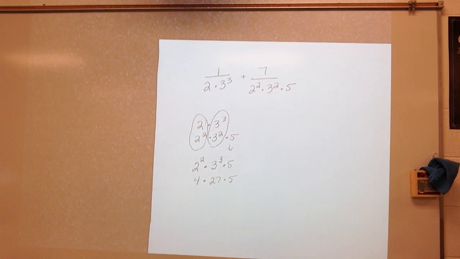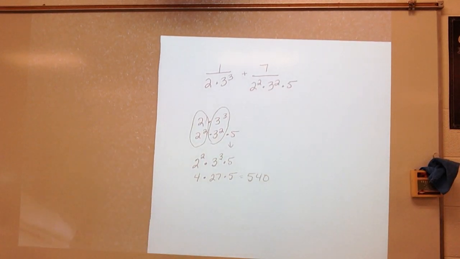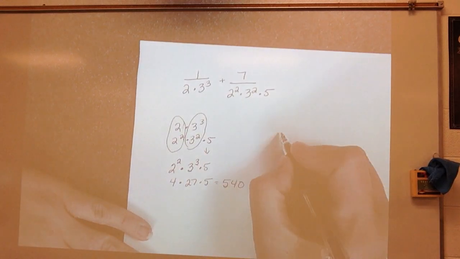Okay? So now I can figure that out. And if I figure that out, I notice that that means that my least common multiple, or the least common denominator, would be 540. All right?